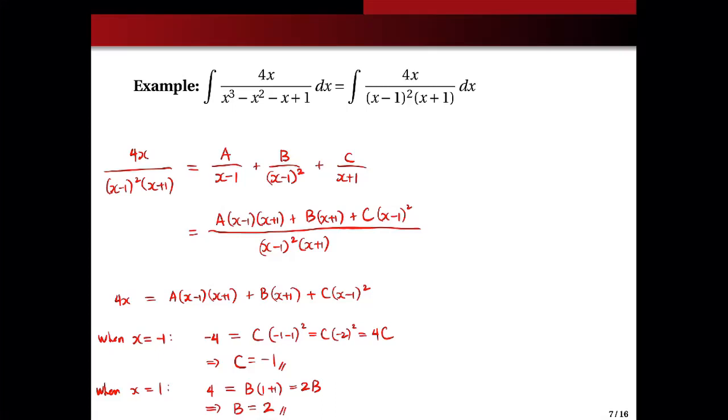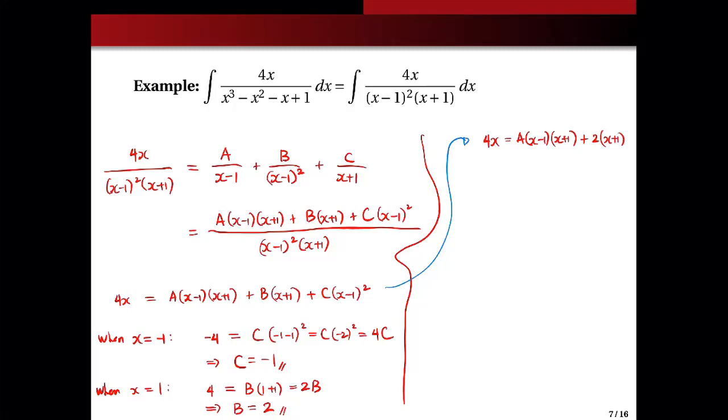So from here, okay, from this guy here, we now have for x equals a times x minus 1, x plus 1, okay, plus 2 times, that's the value of b, 2 times x plus 1, then plus the value of c, it's minus 1, so I'll put minus instead.